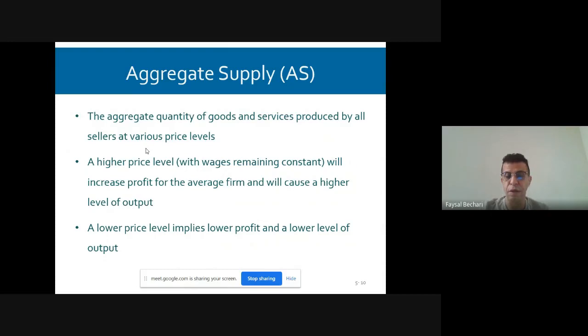A higher price level, normally with wages remaining constant, will increase the profit for companies or firms, and that makes the company want to produce more. So aggregate supply increases. A lower price level implies that companies make a lower profit, and at a lower level of profit, output will be lower because they are not interested in producing more. No more companies are getting established to add to production.